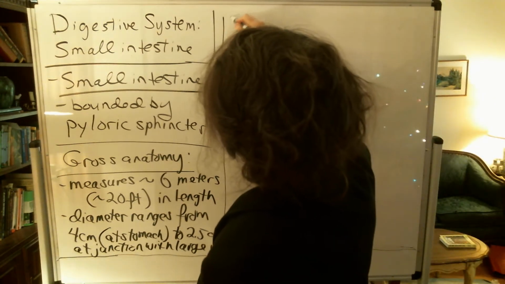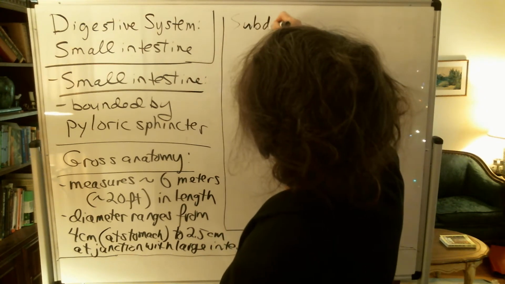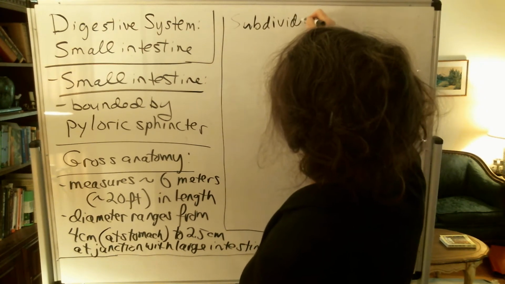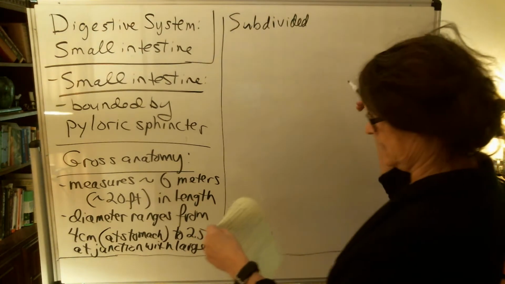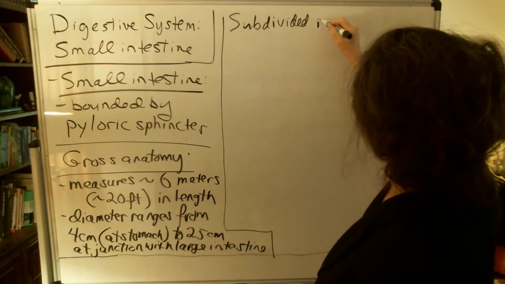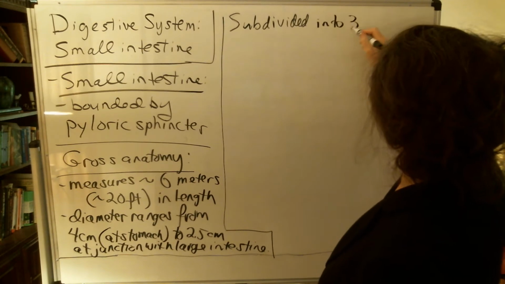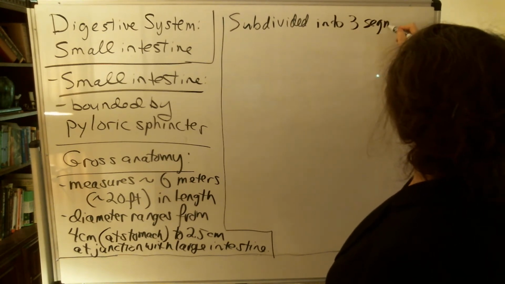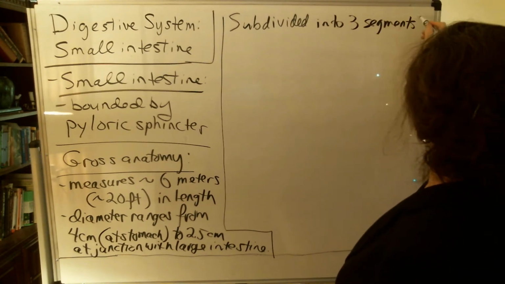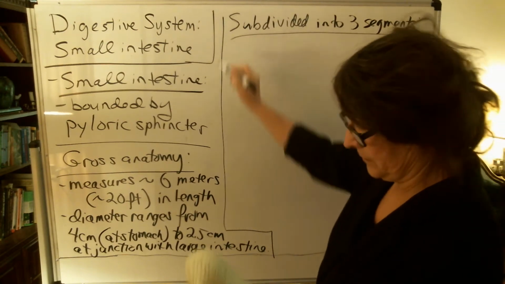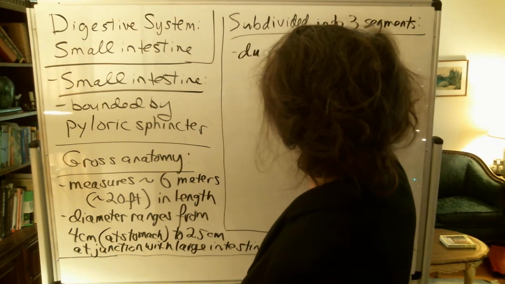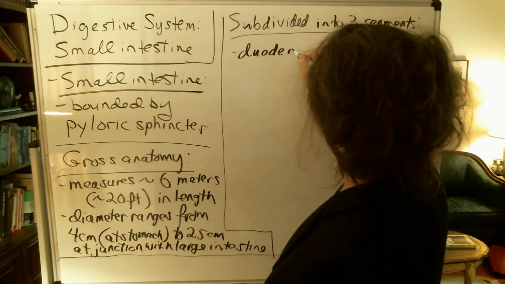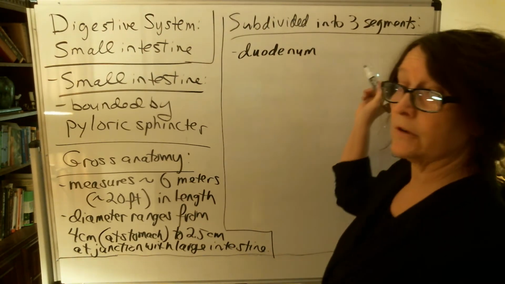So the small intestine then is subdivided, basically for our own purposes, into 3 segments. And they are the duodenum, which is the part nearest to the stomach.